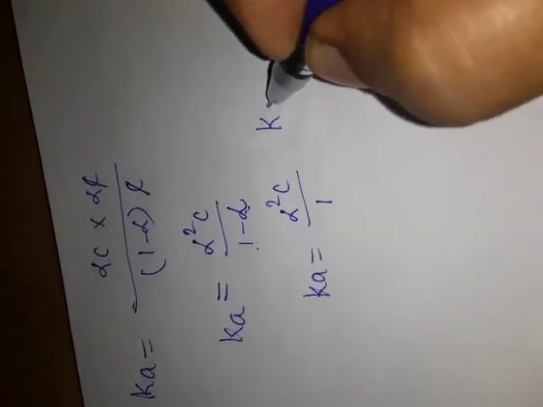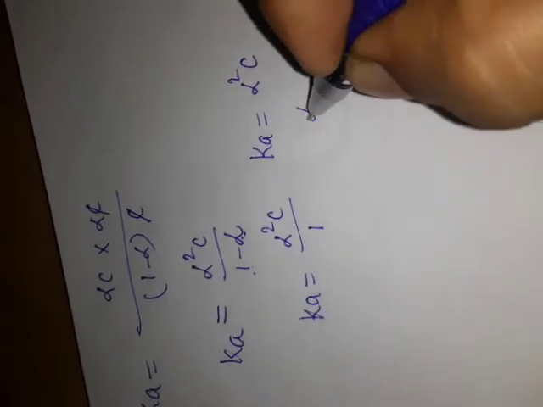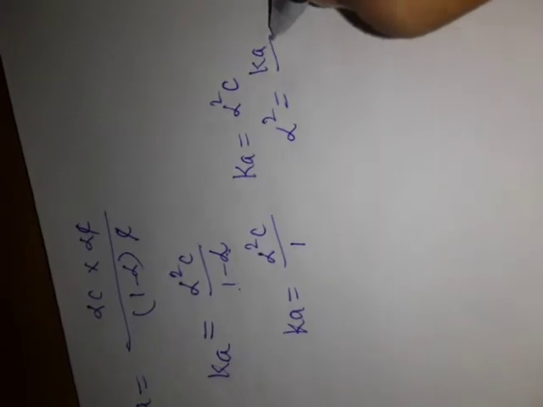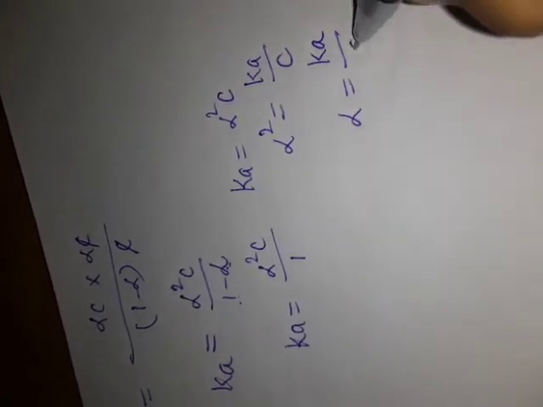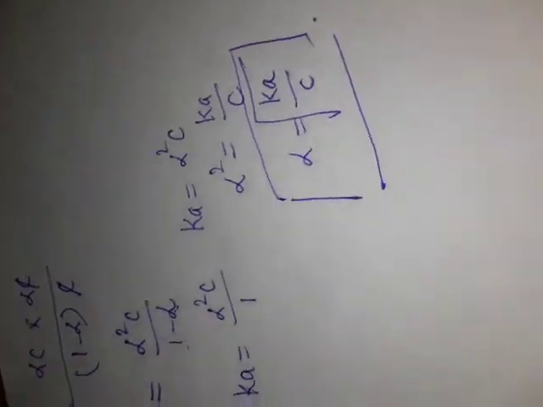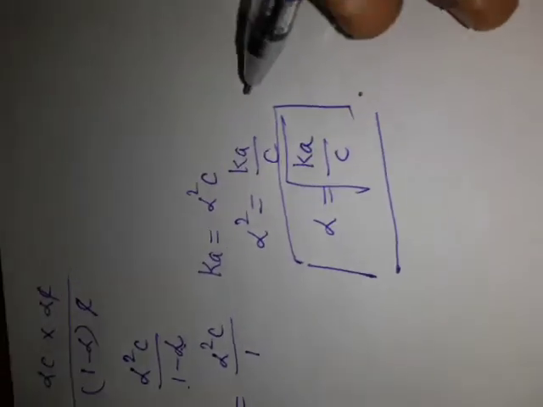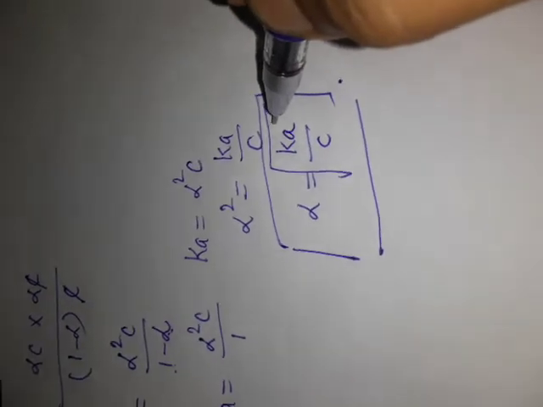That is, Ka is equal to alpha square into C. From this, alpha square is Ka by C. From this, alpha is the square root of Ka by C. Alpha means degree of dissociation. Now we got the degree of dissociation: alpha is equal to the square root of Ka by C.